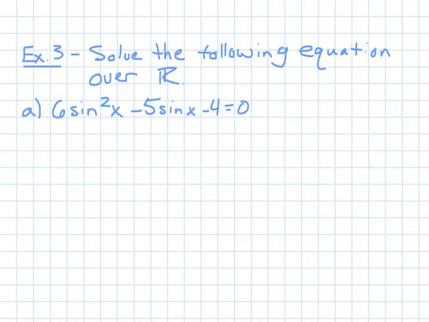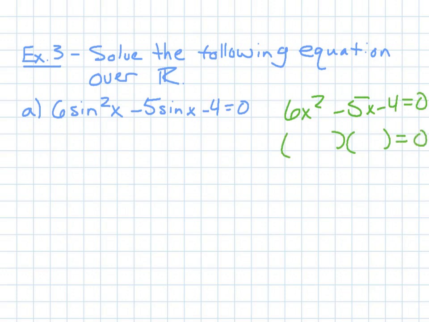Now for our last example, I have one where we're going to solve over all reals, but here there's a little bit more algebra involved. So here I have 6 sine squared of x minus 5 sine x minus 4. So here I need to do a little bit of factoring. So if you think about it as something that looks like this, it makes it easier to think about factoring. So if I was to factor this one, then I need to find plus or minus, because it's minus minus, and then factors of 6 and factors of 4 that give me negative 5.